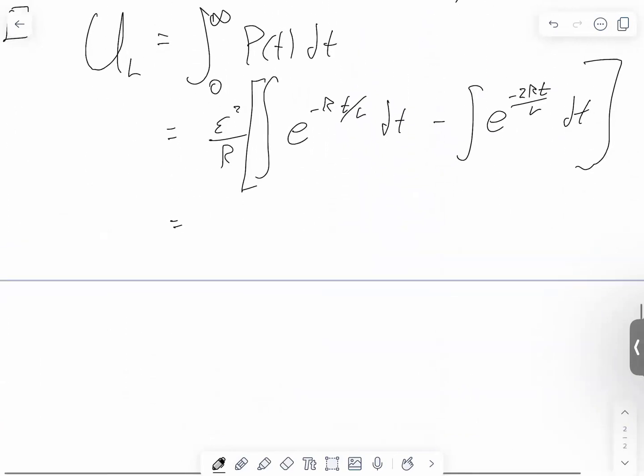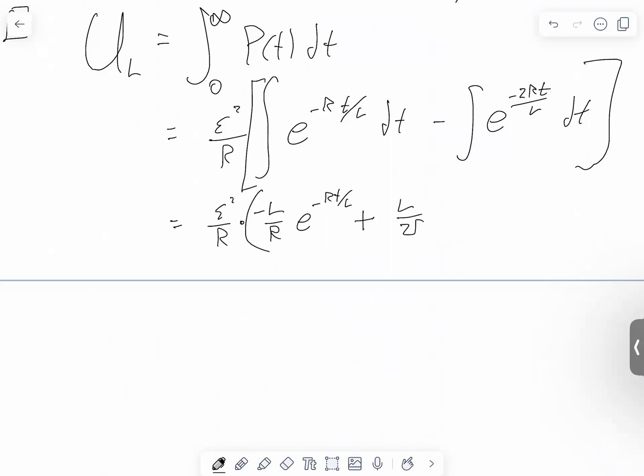We'll get there. Oh, these pesky negatives.